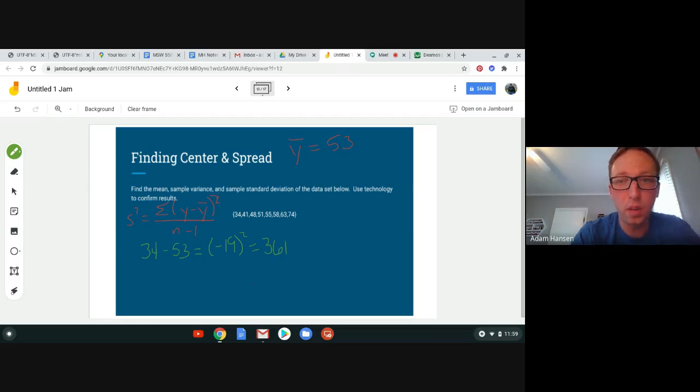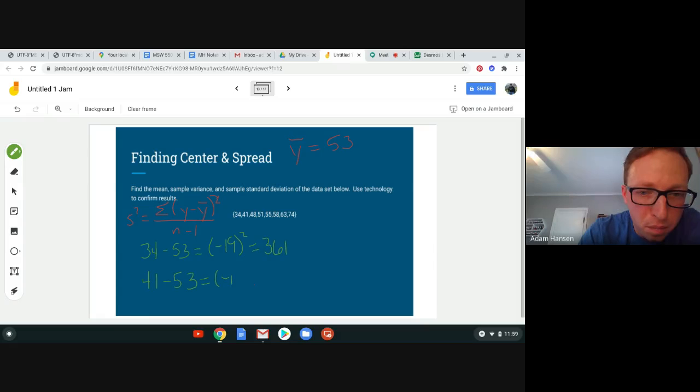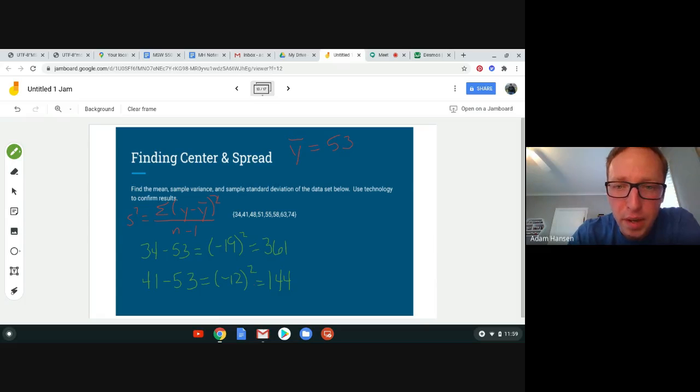Find the difference from the mean squared. 41 minus 53 would be negative 12. Squared is 144. 48 minus 53 would be negative 5 squared equals 25.